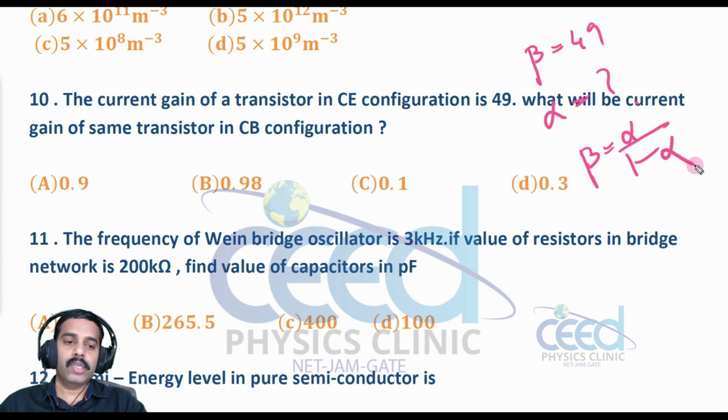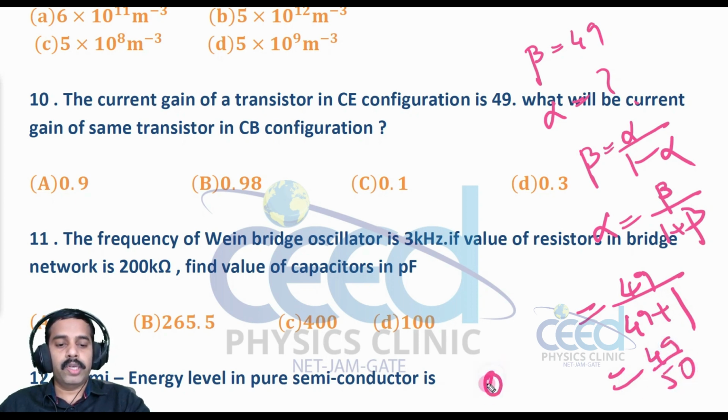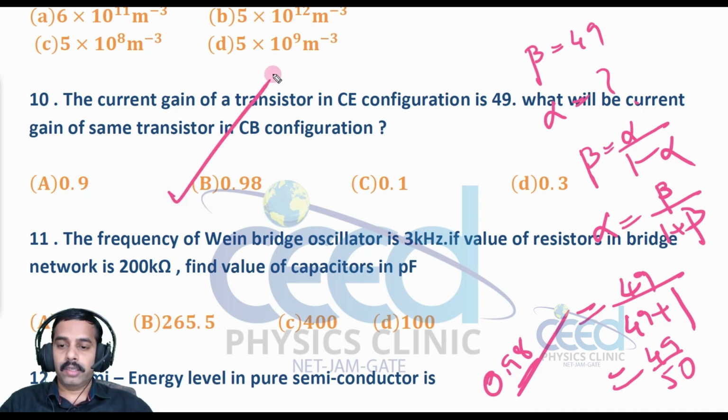So we can solve this for alpha, right? Alpha is equal to beta by 1 plus beta, right? That is 49 by 49 plus 1, which is 49 by 50. Obviously it is 0.98, right? So option B is correct.